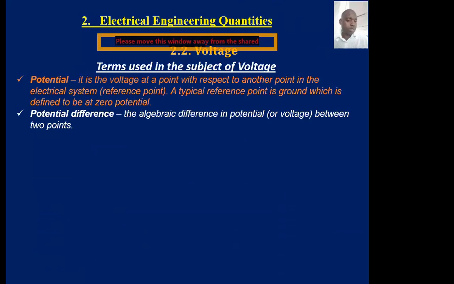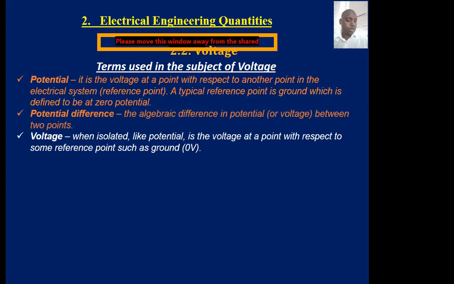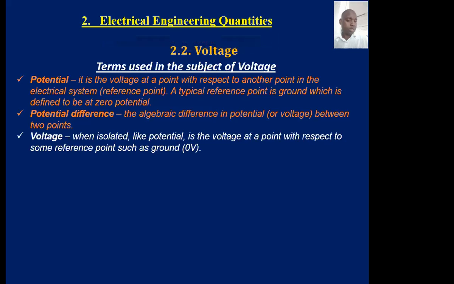So the potential difference now will be the algebraic difference between the potential at one point and the potential at another point. So the algebraic difference between that becomes our potential difference. Then the voltage, when isolated like potential, is the voltage at a point with respect to some reference point such as the ground, right?